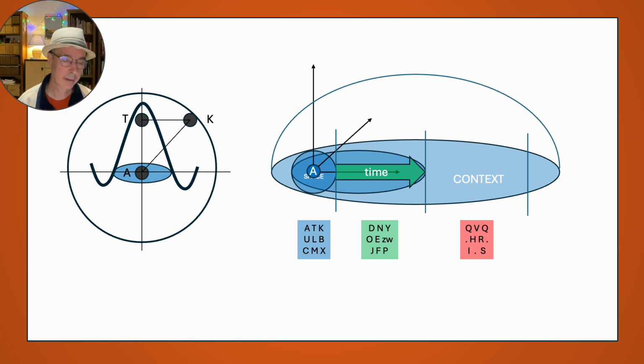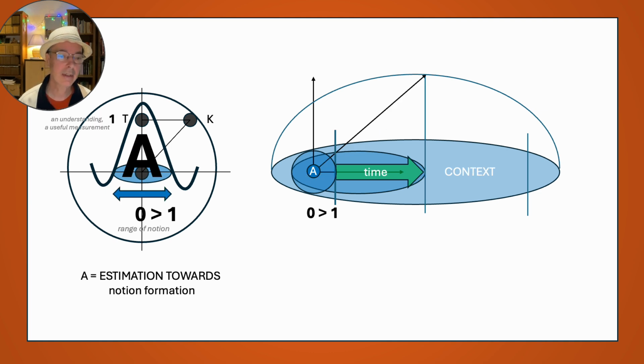You can see here that first 3 letters, the A, the T and the K. The A is the range of notion that we see. Okay, this is our starting point. It's more or less in this range that I'm going to find my definition. The T defines it by measurement, and the K puts the limits to the starting point in this case.